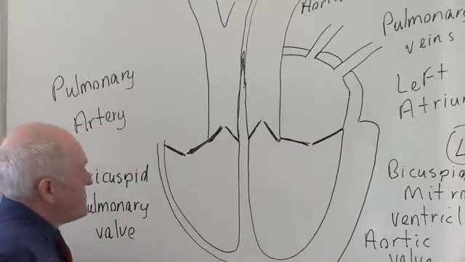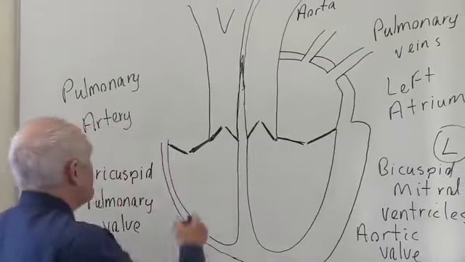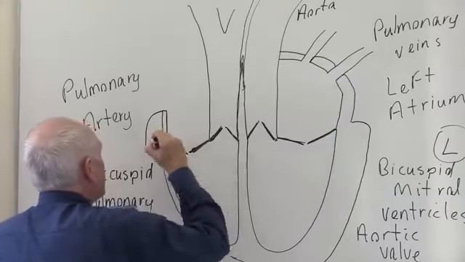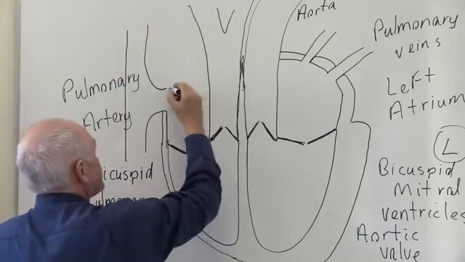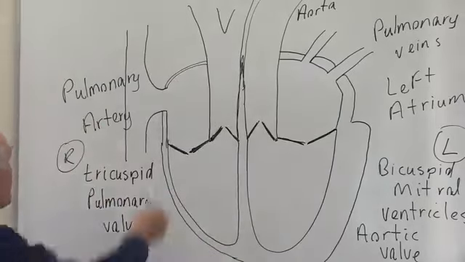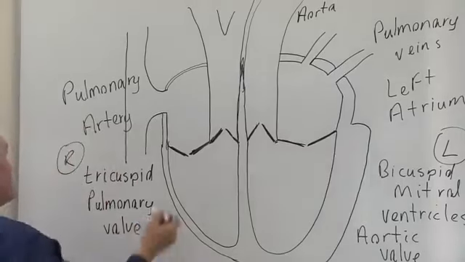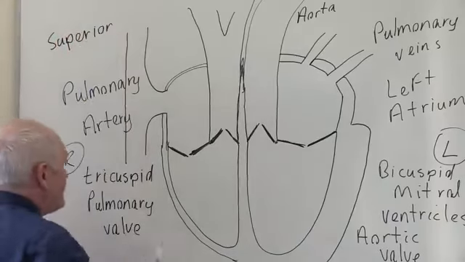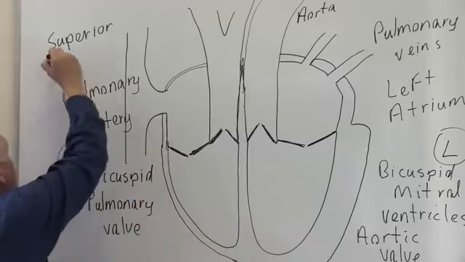Now, what we need to put on now is the final chamber of the heart, which is the right atrium. So here we have the right atrium, and there are 2 large vessels flowing into the right atrium. The vessel coming from above, draining the top part of the body, is superior. The vessel draining the bottom part of the body, here, is inferior.